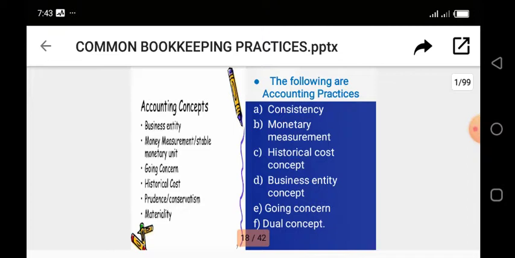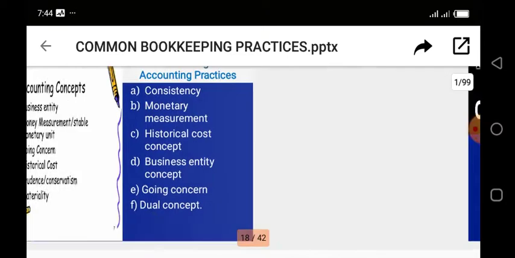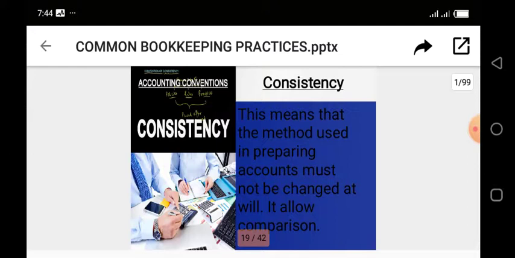So we're looking at these concepts one after the other, their meaning, and how they should be applied. The first we'll be looking at is consistency.